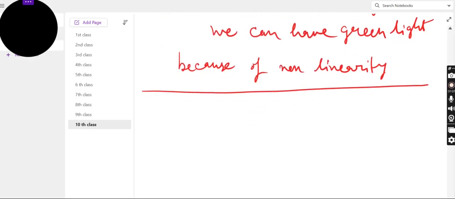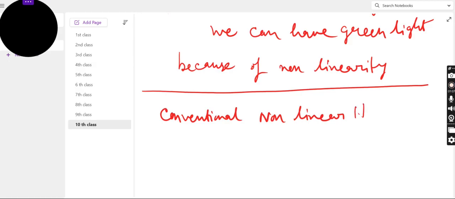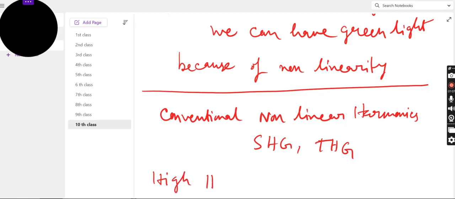Now, conventional nonlinear harmonics are SHG, THG and so on, and there is also high harmonic generation.